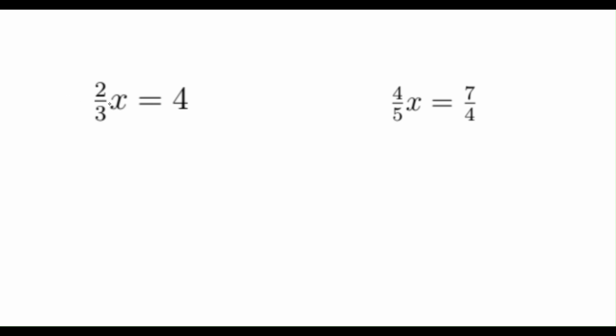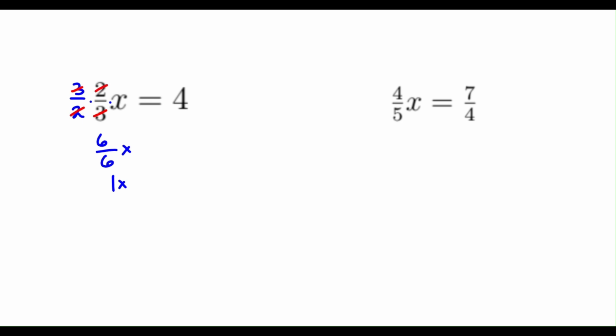If this is 2/3 times x, I can undo that with its multiplicative inverse, meaning its reciprocal. If I multiply the left side by the reciprocal of 2/3, look, 3 times 2 is 6. 2 times 3 is 6. And I know that 6 over 6 is just 1x. Or, as some of you might be screaming at your screen, oh, the 3 and the 3 will reduce. Those simplify to be 1. 2 and 2 simplifies to be 1.